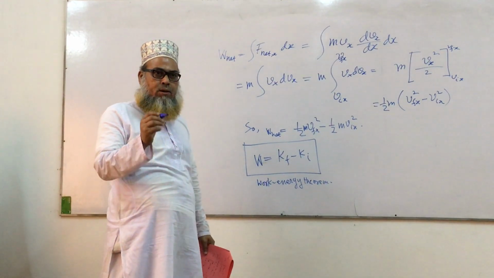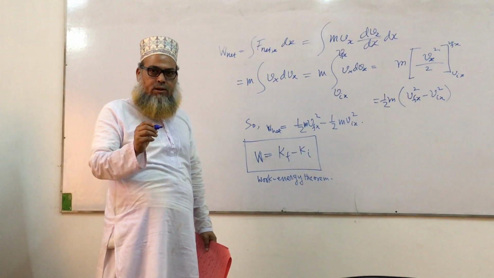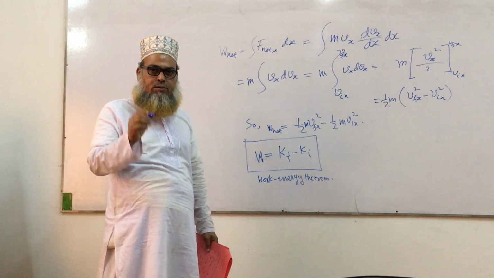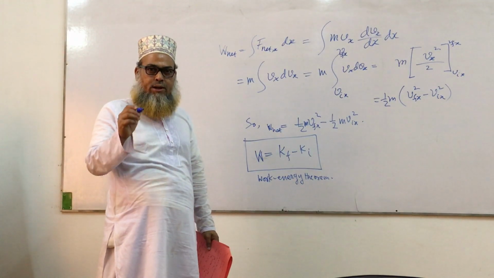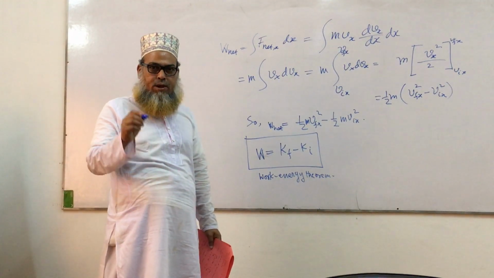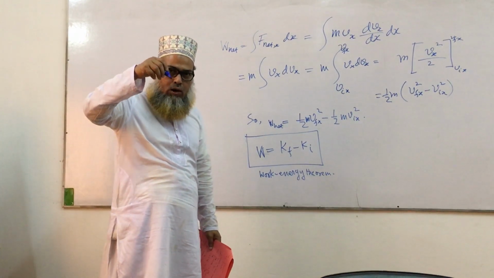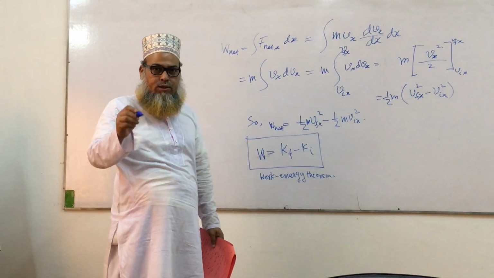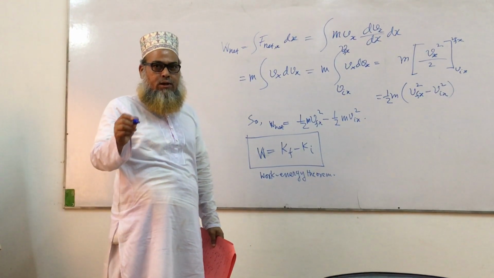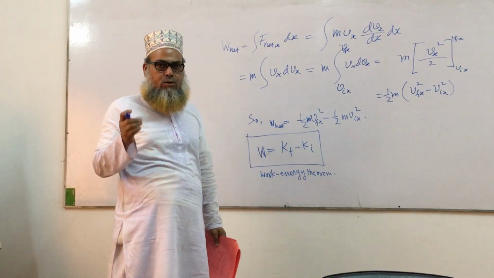If some forces act on a body, then the body's velocity changes from Vi to Vf, and this quantity changes from Ki to Kf. The total work done on the body by the forces is equal to the change in kinetic energy. This is the work energy theorem.